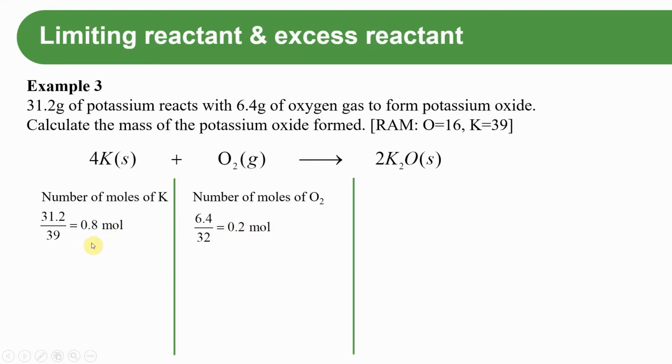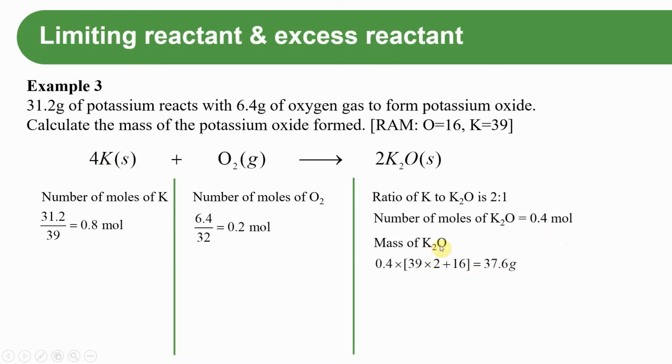So we will get 0.8 mole for potassium, 0.2 mole for oxygen, and we can see that this ratio is the same, 4 to 1, 0.8 to 0.2, and the number of moles of K2O is 2 to 1 as compared to potassium. We can find the mole, and then lastly we find the mass. By multiplying by molar mass, we get 37.6. So in this case, the mole is according to the ratio given in the equation.